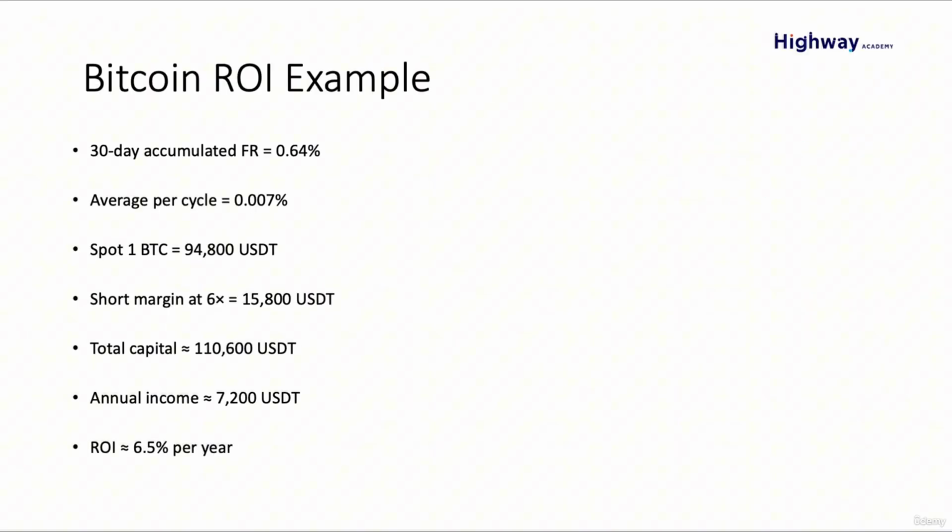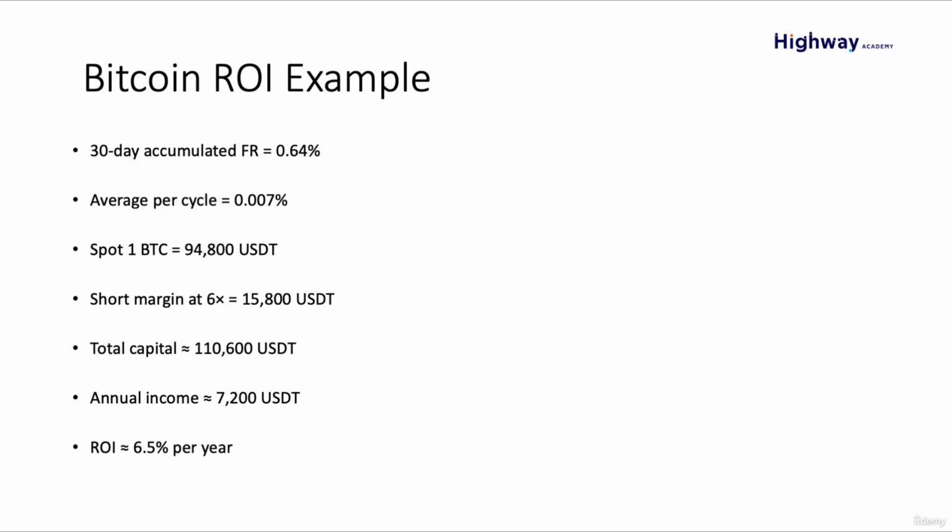Now let's talk briefly about the ROI of this strategy. Using Bitcoin as an example, the accumulated funding rate over the past 30 days is around 0.64%. Since there are 3 funding cycles per day, that works out to an average of 0.007% per cycle.